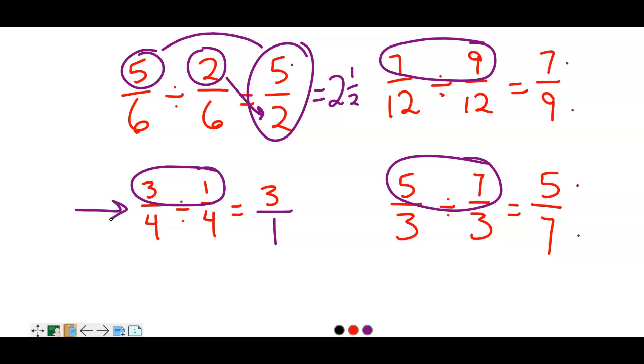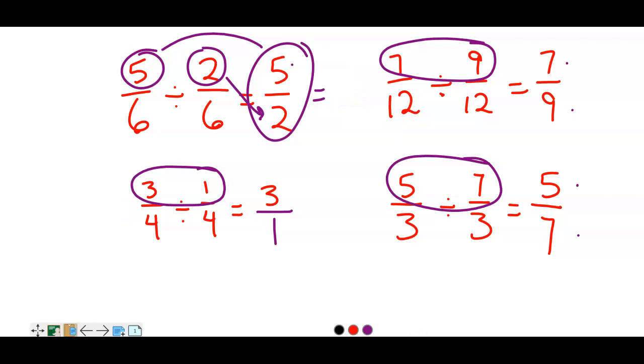The answer to 7/12 divided by 9/12 over here is 7/9. It's the two numerators written in fraction form. Pretty simple. However, we do have to have common denominators. That's one strategy right there. Find a common denominator and then just use your two numerators for your answer. That's very simple, very easy.